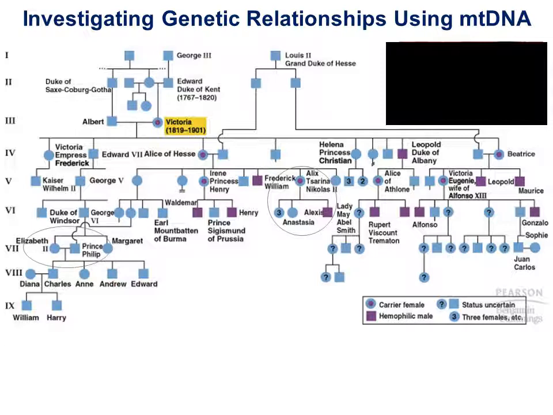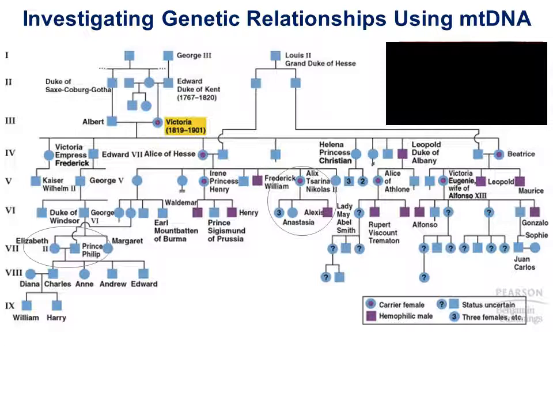Indeed, we can look at Prince Philip, who's married to Queen Elizabeth, and his grandmother, who was Princess Victoria, was the oldest sister of Alexandra. So indeed, the mitochondrial DNA from Prince Philip should match the mitochondrial DNA of Anastasia.